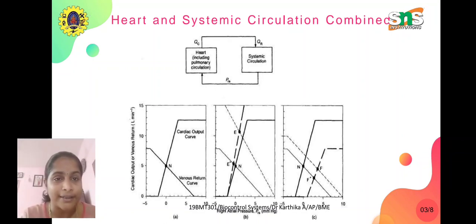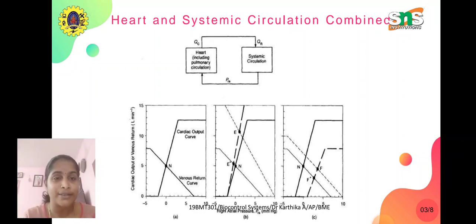Here the cardiac output curve and venous return curve are shown. See here, right arterial pressure PRA, which is denoted in mmHg. See the next one, how it differs, in terms of the cardiac output curve and venous return curve.